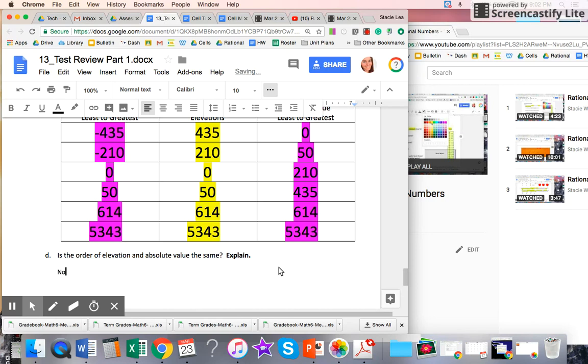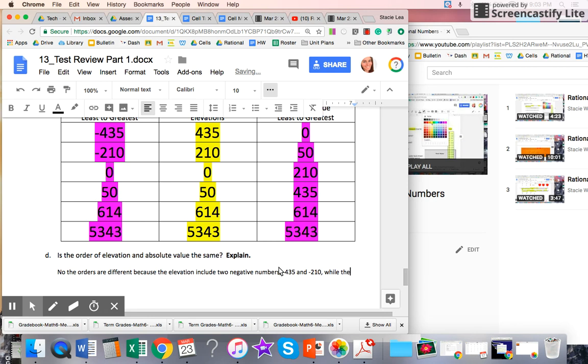No. No, the orders are different because the elevation includes 2 negative numbers. Now I'll go ahead and write them. Negative 435 and negative 210.